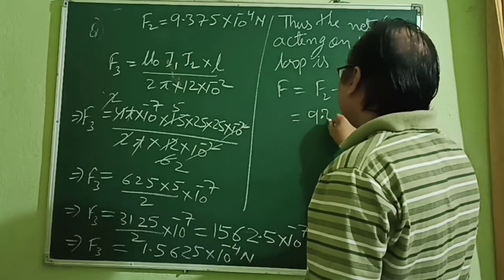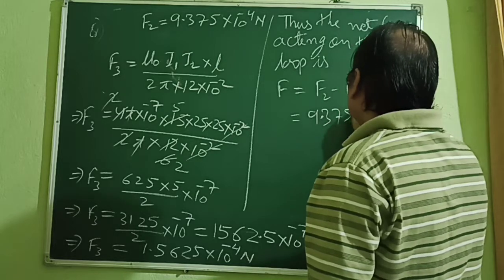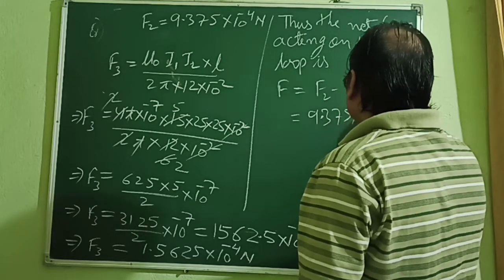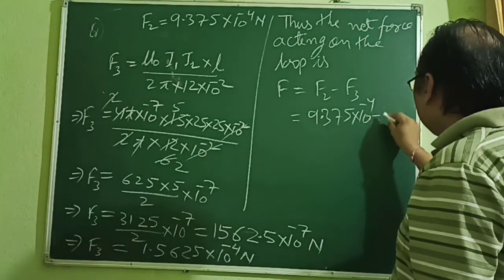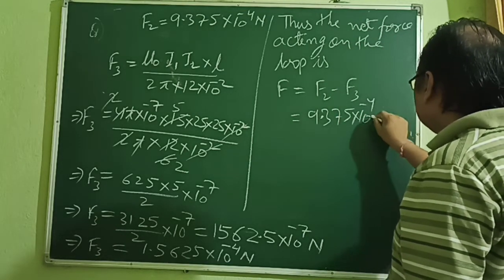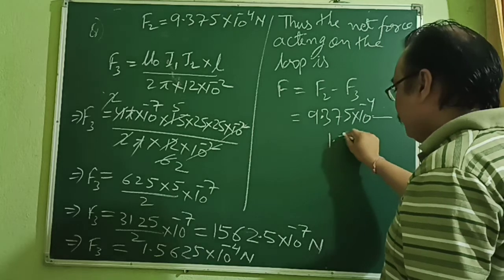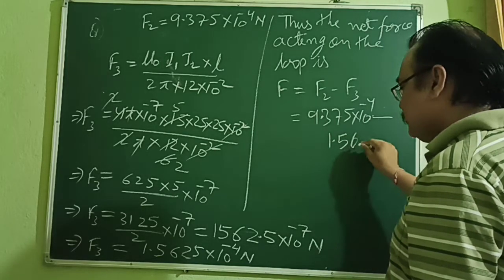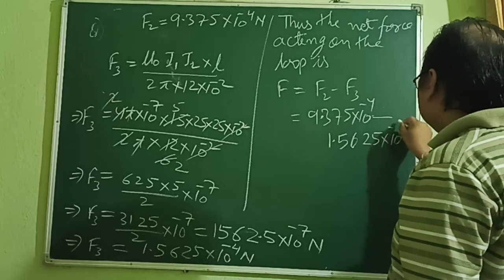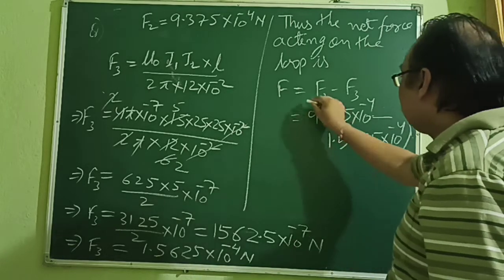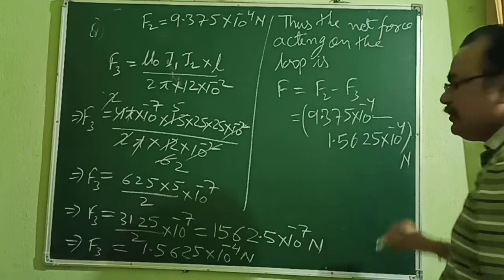That is 9.375 into 10 to the power minus 4 minus 1.5625 into 10 to the power minus 4. That is there, and we can write here Newton, the unit.